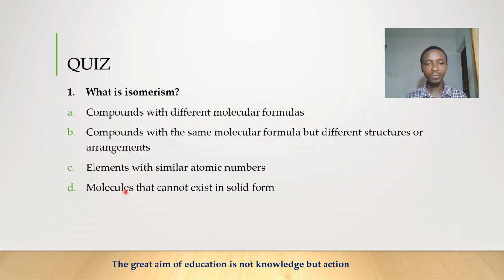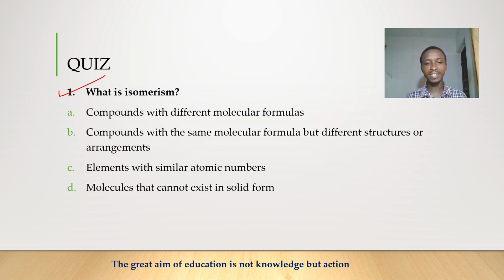Alright, we have the first question. What is isomerism? Options: A, compound with different molecular formulas. B, compound with the same molecular formula but different structures or arrangement. C, elements with similar atomic numbers. D, molecules that cannot exist in solid form.